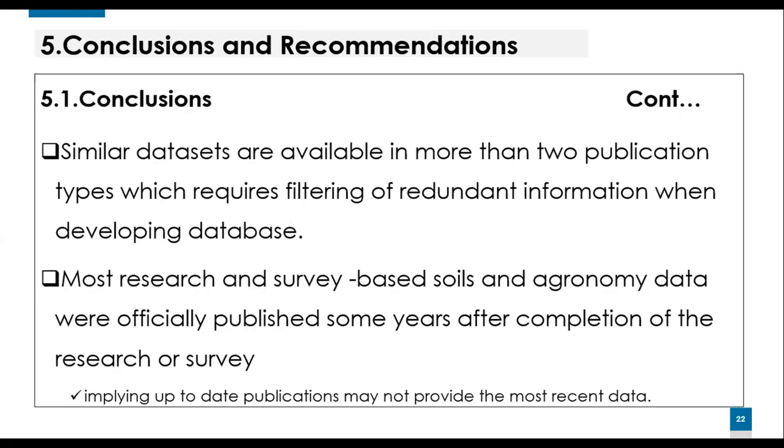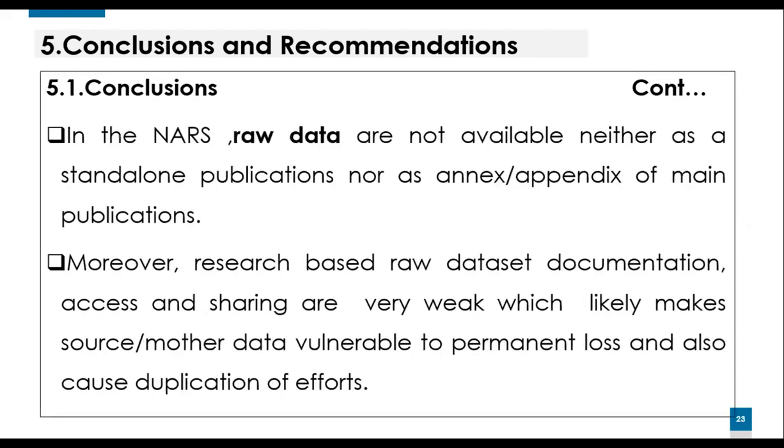So there is a need to make data available to the public in a timely manner before it becomes legacy data. And again, when we look at national raw data set access in the national agricultural system, it's not available either as a standalone publication or as an annex or appendix of a main publication.